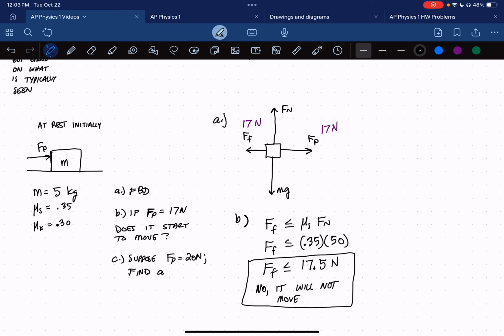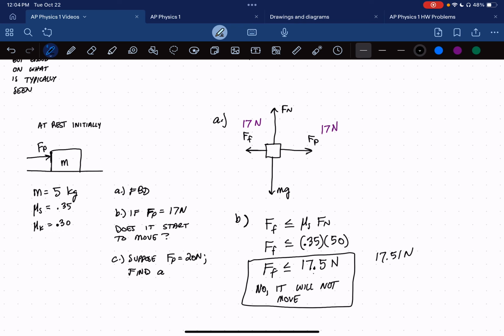And again, we push with 17.49999 and it doesn't budge. And then you try it a third time, let's say 17.499, and it starts to move. On the other hand, there might be a time where you push with 17.51 newtons of force and it doesn't move.